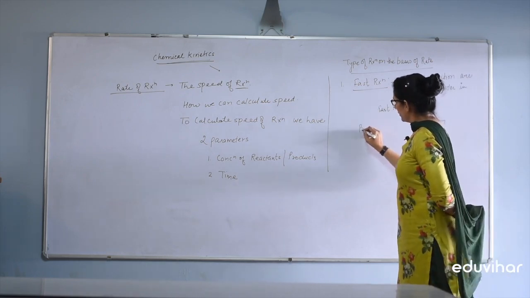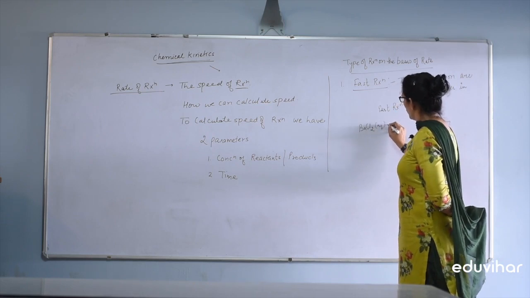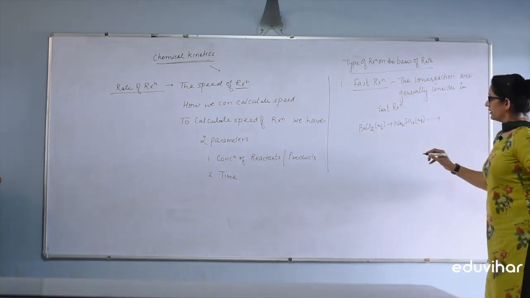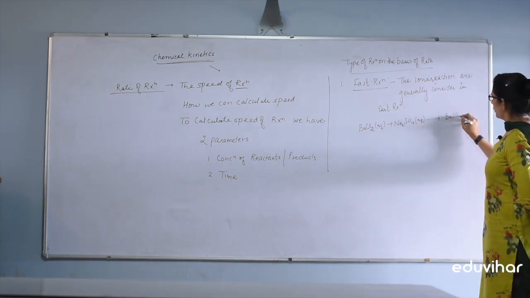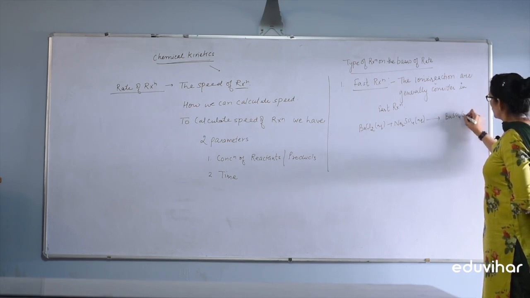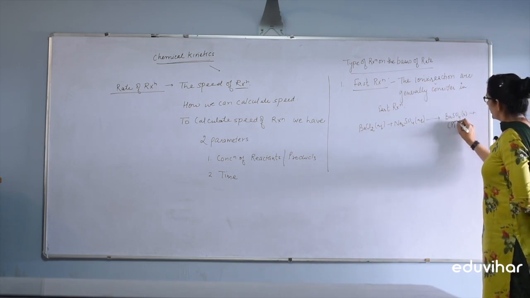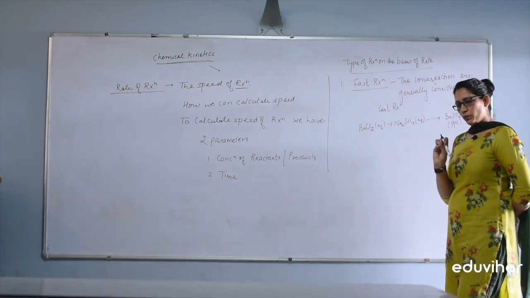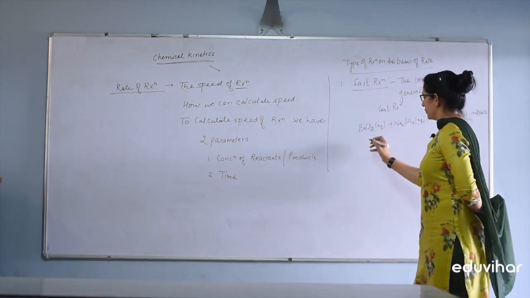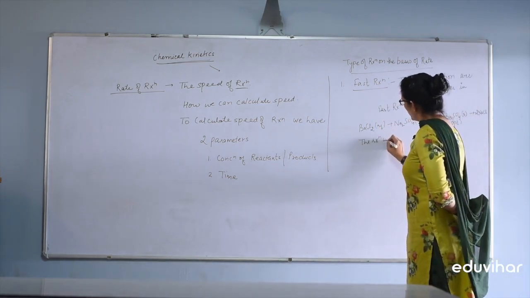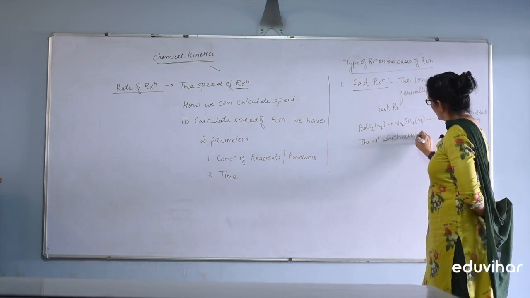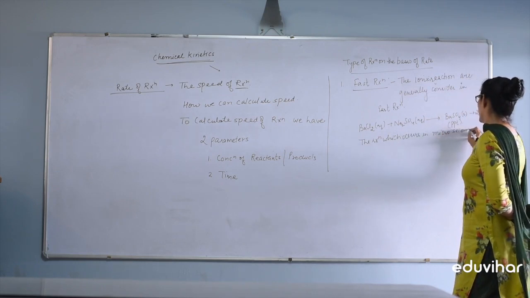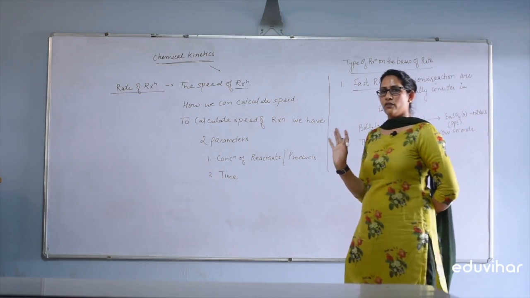For example, BaCl2 aqueous, when reacted with sodium sulfate aqueous, gives the formation of BaSO4 in solid form, we can say precipitate, plus 2 moles of NaCl. The reactions which occur in microseconds are considered as the fast reaction.